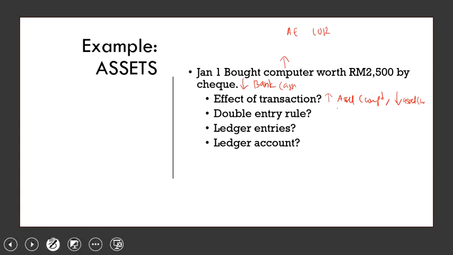Decrease. So, when asset increase, you must debit. So, debit computer. Credit when asset decrease, so you must credit the bank by 2,500. So this is your ledger entry.